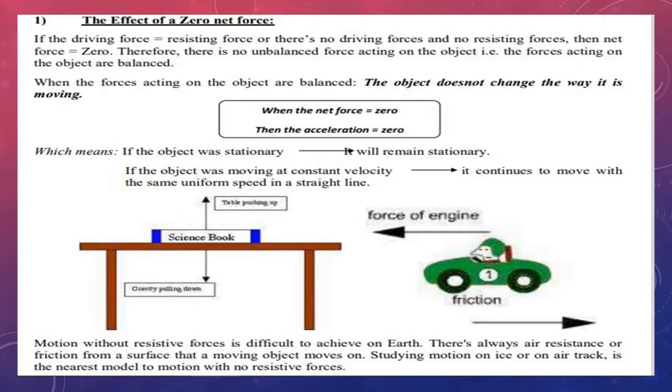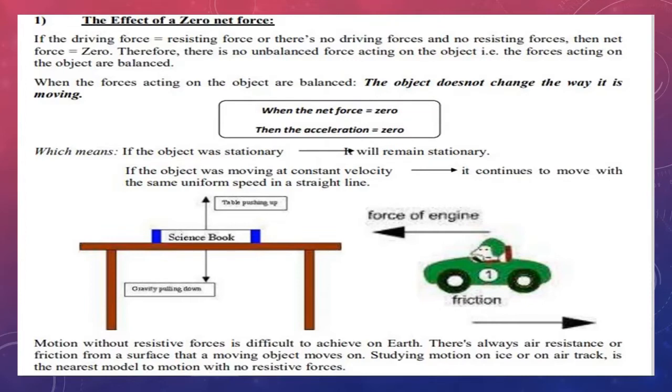A different example for this case, when the resultant force equals 0, is this caricature with a moving car. There are two forces acting on it. The first one is the motive force from the car engine.